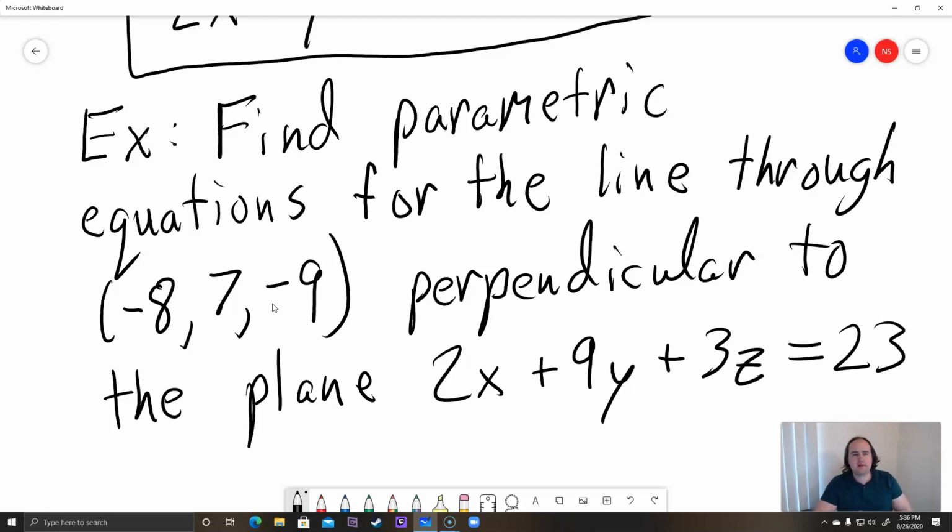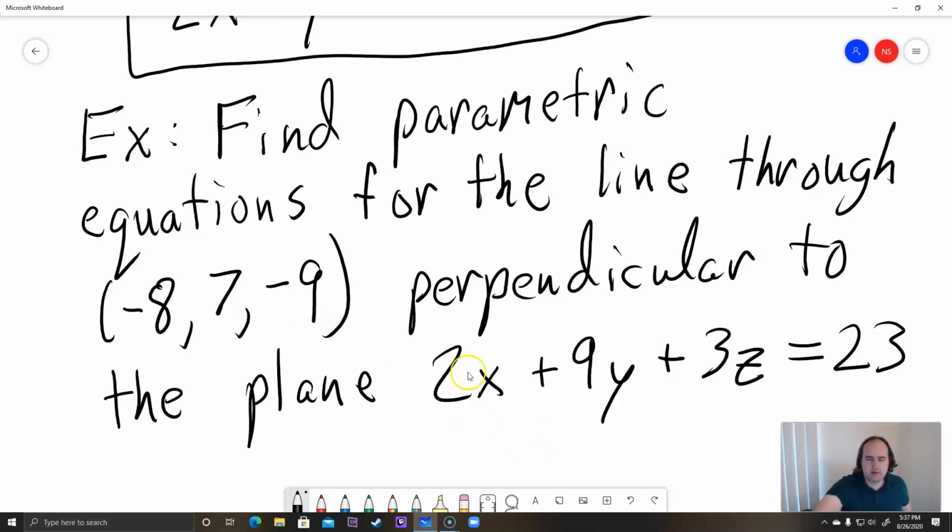Okay, so find parametric equations for the line through -8, 7, -9, perpendicular to the plane 2x plus 9y plus 3z equals 23.